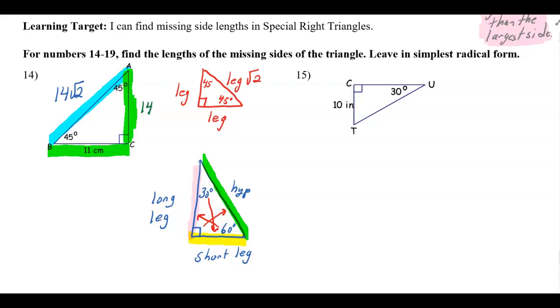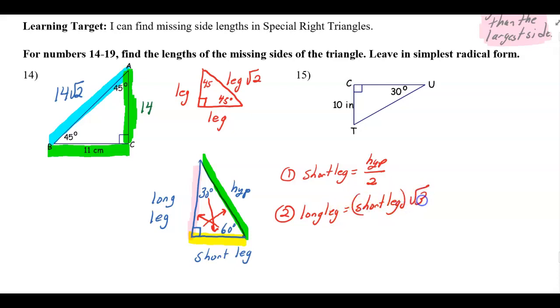And we learned 3 formulas, or actually 4 formulas for a 30-60-90. One formula we learned was that the short leg is equal to the hypotenuse over 2. The second formula we learned was the long leg was equal to the short leg times the square root of 3.